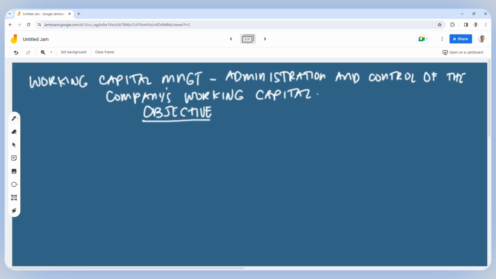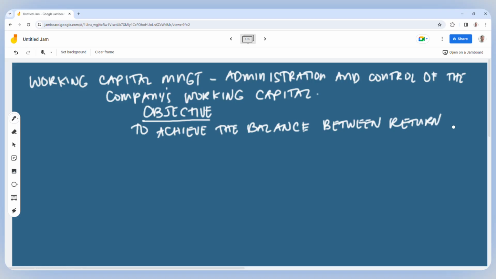Of course, class, number one, to achieve the balance between return and also our risk. Yan ang objective of the working capital management.